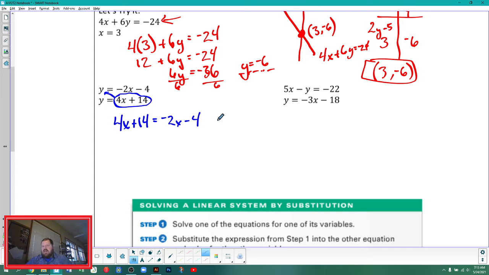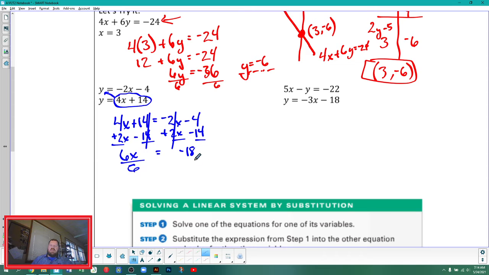And when an equation in math only has one variable, most of the time we want to solve that thing. So I'm going to add 2x to both sides. I'm also going to subtract 14, and do these problems here. I got 6x. My 14's cancel, my 2x's cancel, and I get negative 18 over here.